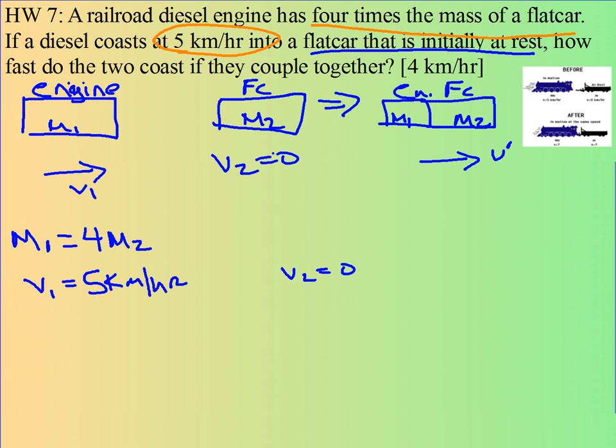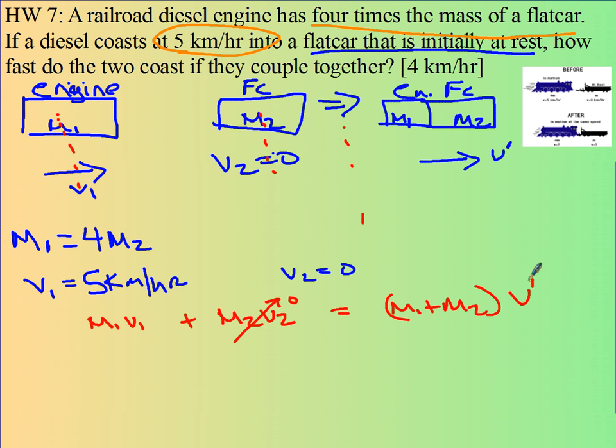Let's read this equation. I'm going to have M1 times V1, plus, because it's on the same side, M2 V2. Now, I like this because V2 is 0, so I'm going to cross that out. Equals. This is going to be M1 plus M2 times my final velocity, and that's what I'm looking for.